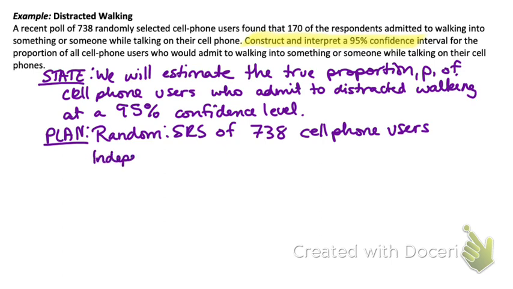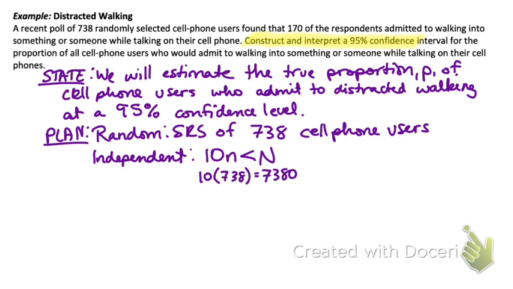Independent. We need to make sure that we have good variability and that we don't have any pockets of bias because our sample was too big. 10 times the sample size has to be less than the population size. 10 times 738 is 7,380.